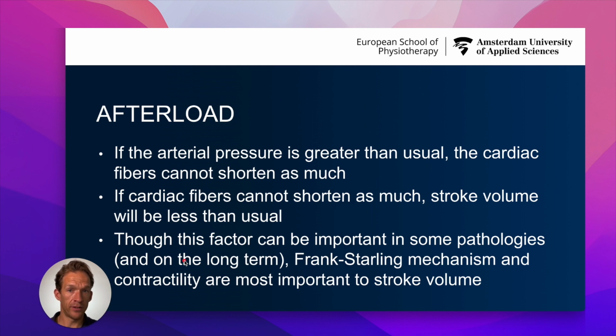And if the cardiac muscle cells need to produce more force, according to that same force velocity relationship that we saw earlier for skeletal muscle cells, you can see that they can shorten less. And if they can shorten less, stroke volume will be reduced. So someone with a higher blood pressure will have a lower stroke volume due to this third factor.